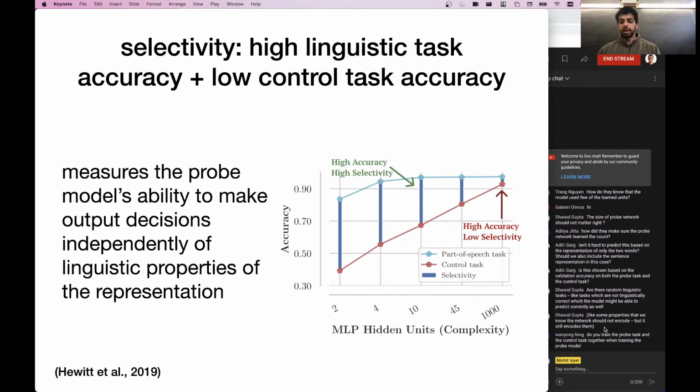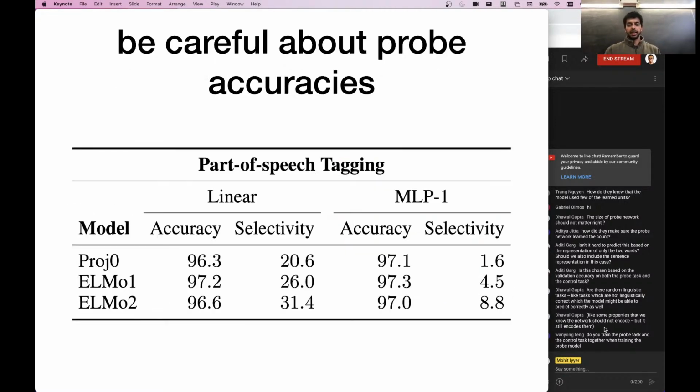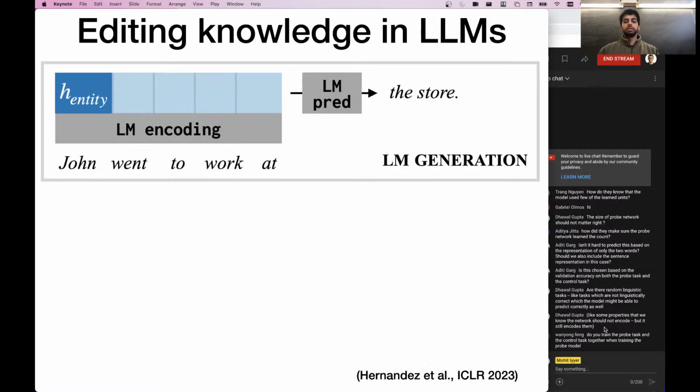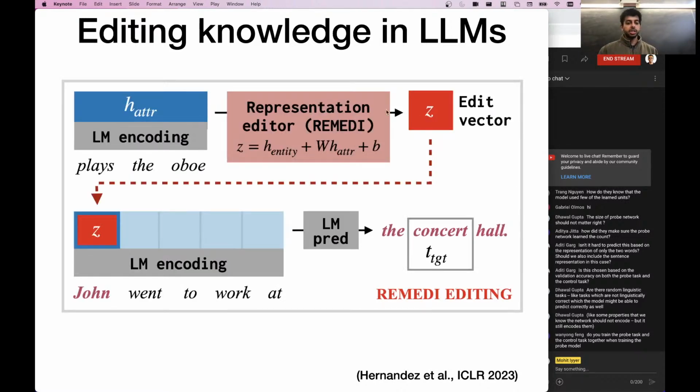All right, so I think we're out of time. So I had a couple slides at the end here about how you can use these probe networks to actually edit knowledge in the hidden state. So just really quick, if you have the prefix "John went to work at" and it predicts the store, but you want to add some knowledge in the representation of John to suggest that John plays the oboe, and you want to have it affect the language model's predictions such that instead of predicting the store, the model predicts the concert hall instead.